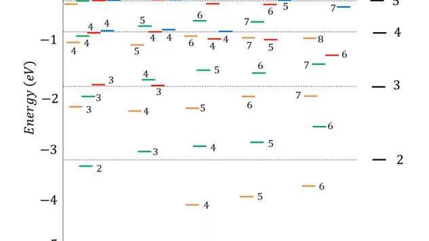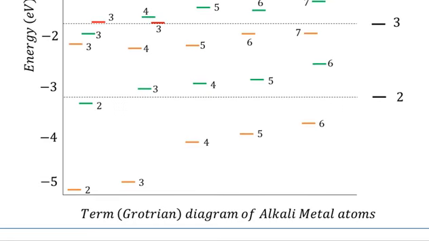The principal quantum number n equal to 1 has not been mentioned because it lies much lower in energy. If we include n equal to 1, we cannot include the other energy terms with this resolution. So in order to improve the resolution of this chart, we have started the hydrogen atom with the principal quantum number 2.